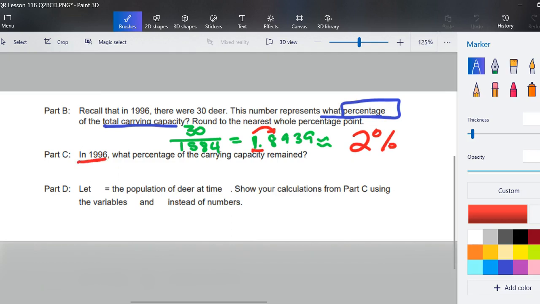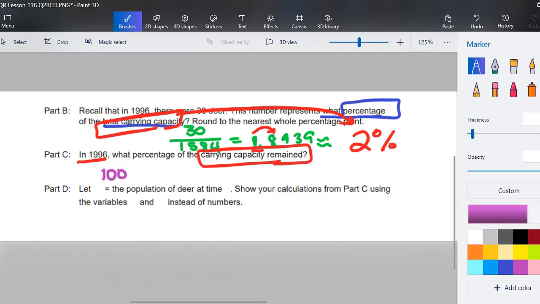In 1996, what percentage of the carrying capacity remained? Okay, hang on. If the total carrying capacity is 2%, then what amount is going to remain? Well, the island has 100% capacity.